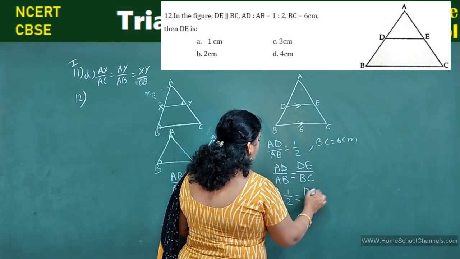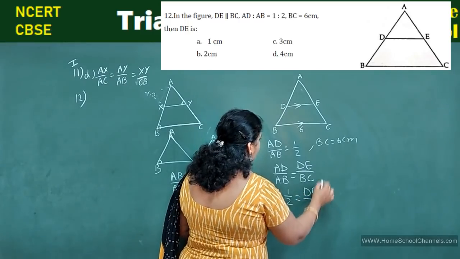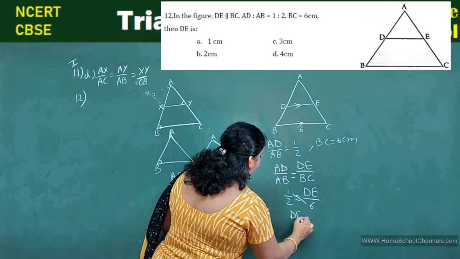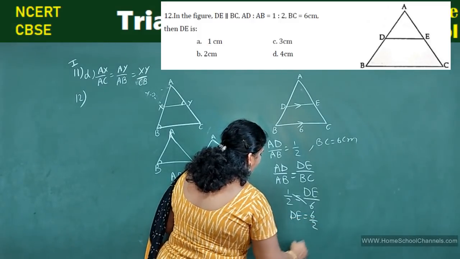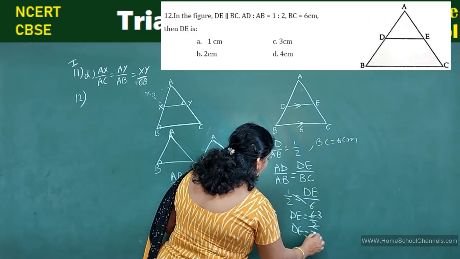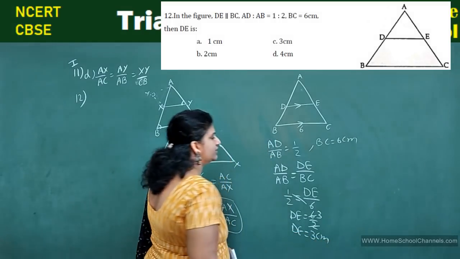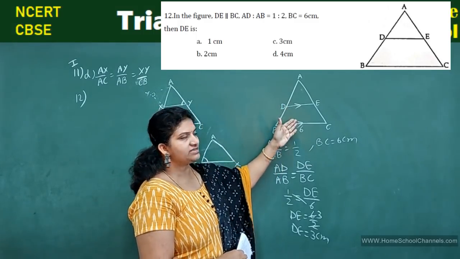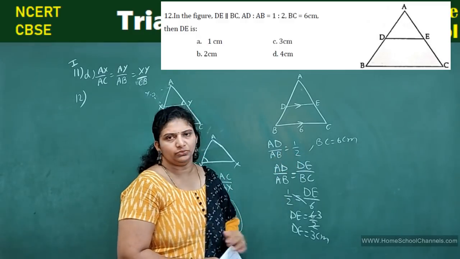And we know BC, we don't know DE. BC value is 6. Now, send the 6 to this side. DE is equal to 6 by 2. That will be DE is equal to 3 centimeters. How? Suppose you equate this ratio, 3 by 6 is nothing but 1 by 2.